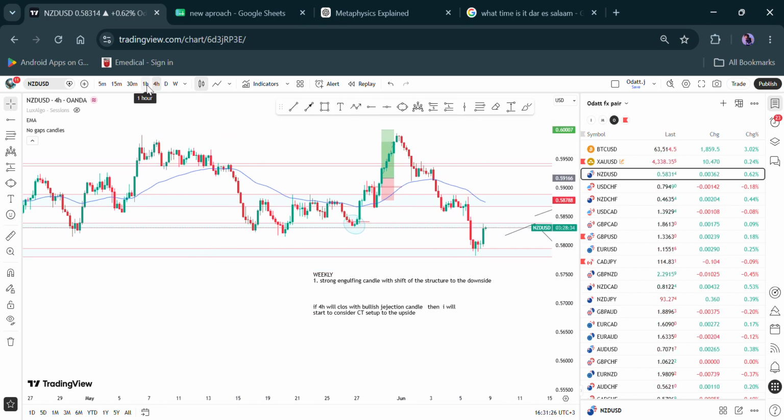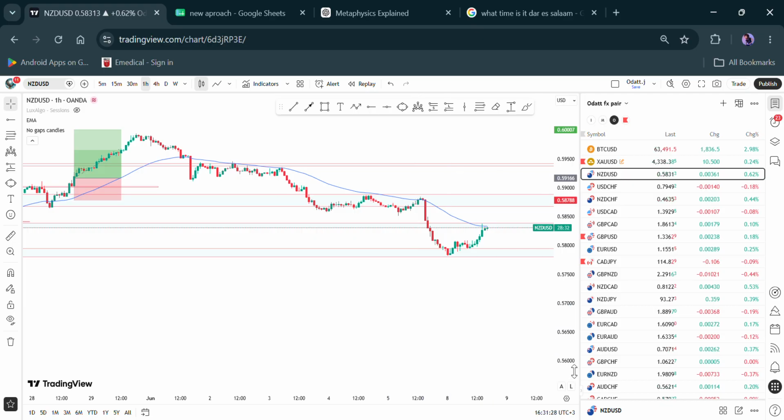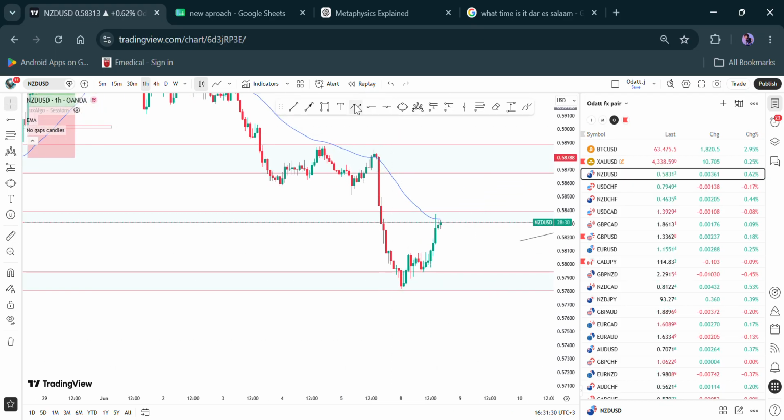As you can see over here, we are making a low, structure point, lower high, lower low, lower high, lower low. So there is no structure point over here that we can consider as a shift of market structure.